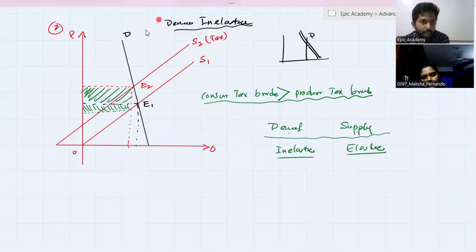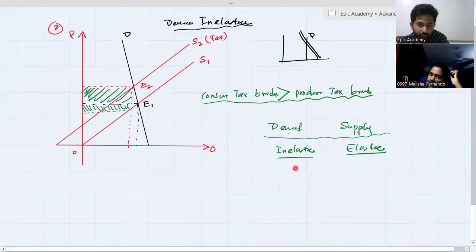So what does it represent? If demand is inelastic, that means according to a change in the price, demand cannot respond because it is inelastic. Okay, response is low.